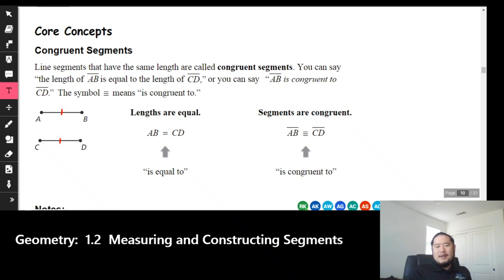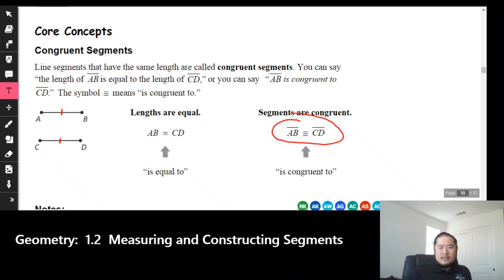However, because they don't tell me that segment AB happens to be 10 and segment CD is 10, we're not going to use the equal sign. What we'll see right here is that segment AB is congruent to segment CD. If we actually had numbers, then we can say that they are equal.